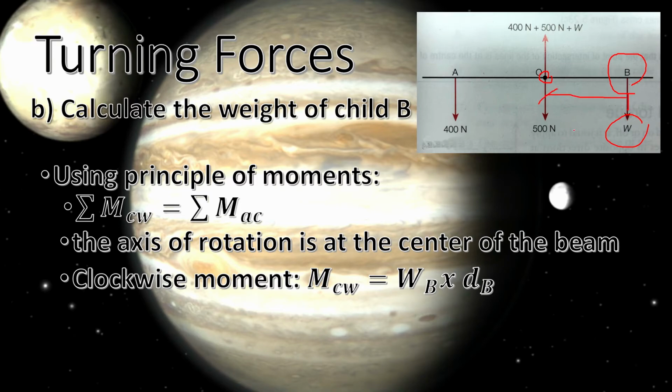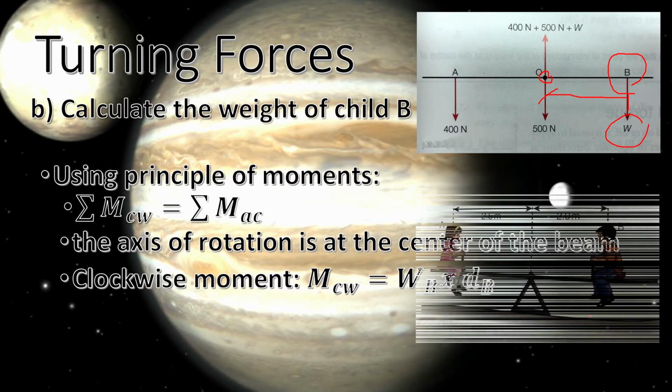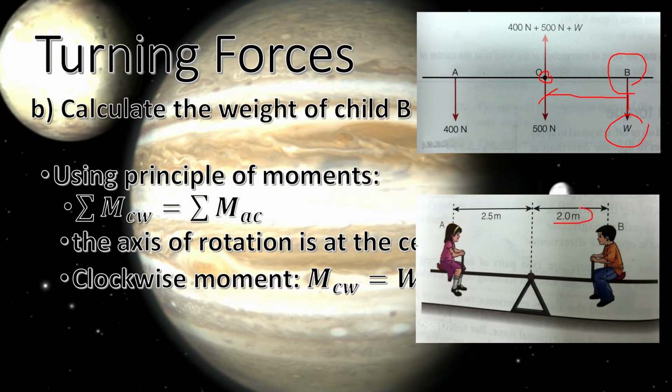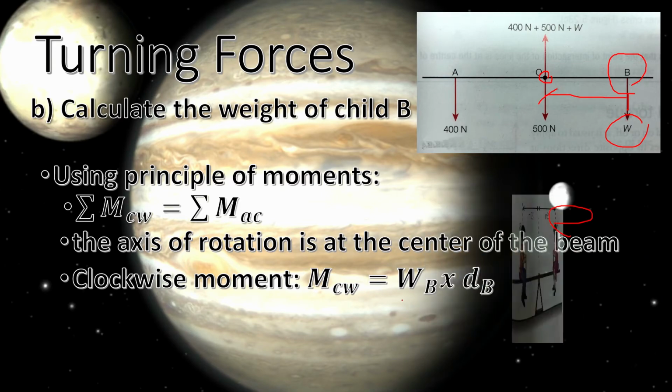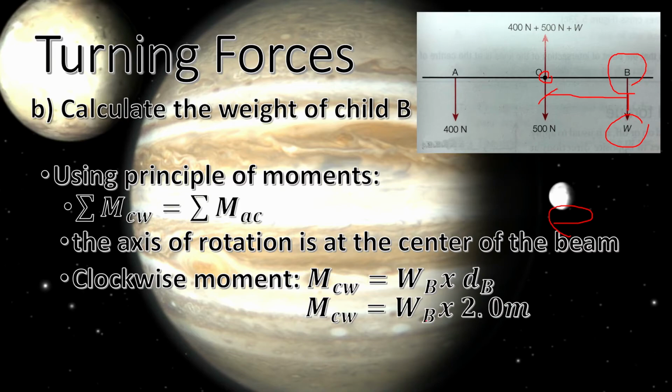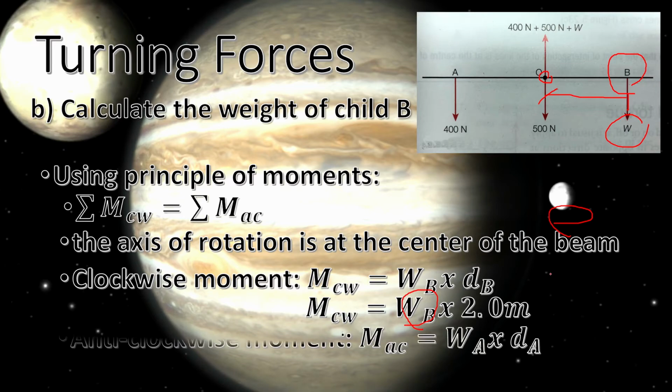The distance is equal to 2 meters, so we just need to substitute that. So the clockwise moment would be the weight of the boy times the distance, which is 2 meters.